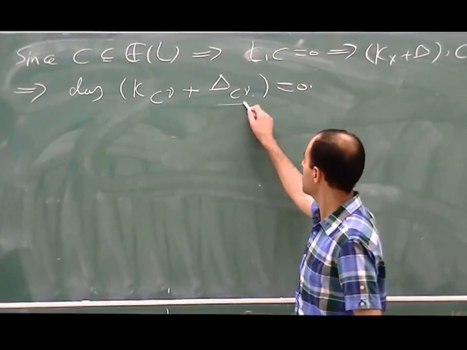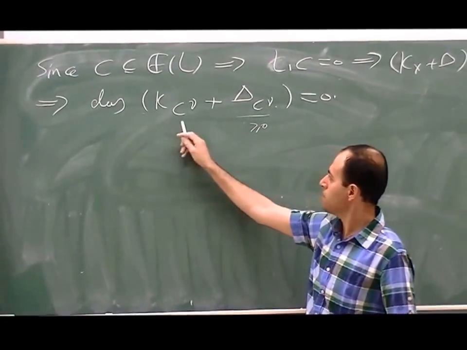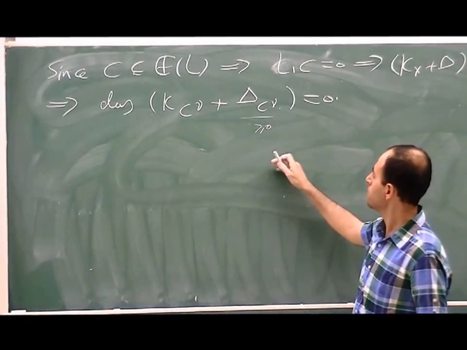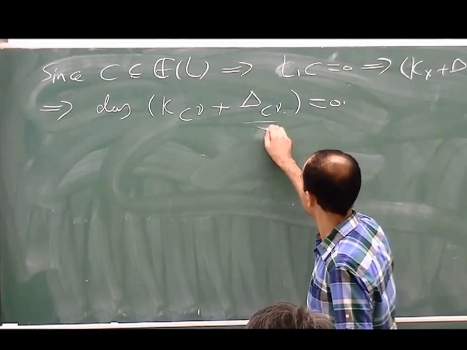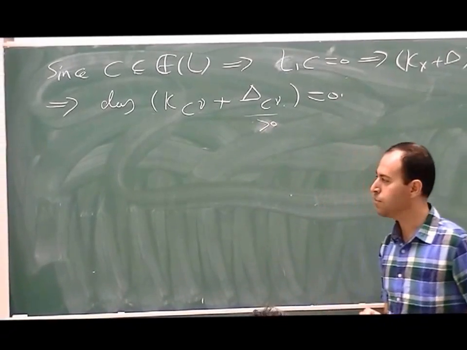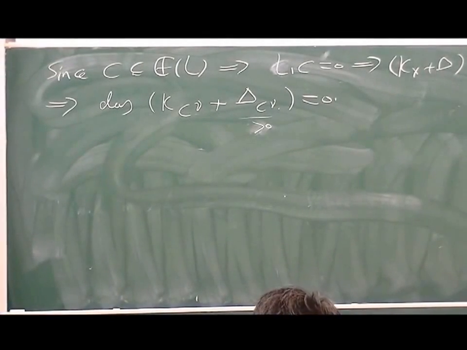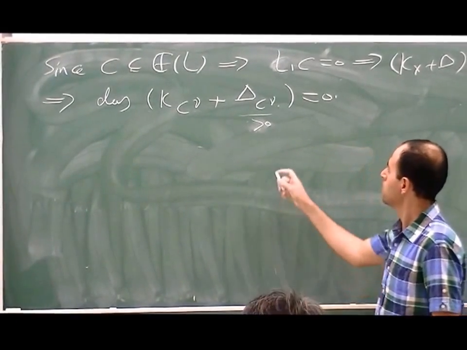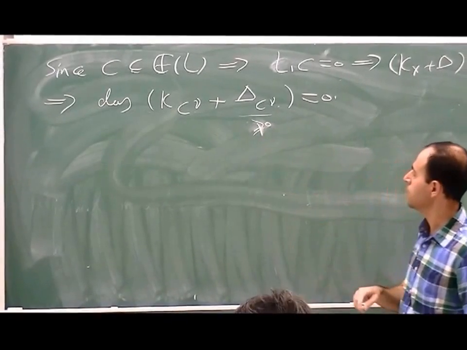So remember that these are effective divisors. You have some curve, canonical divisor plus effective. In fact, it is not only effective, but it cannot be 0 because of this ample divisor here. The pullback of ample is always ample, so it cannot be 0. It contains some ample divisor.